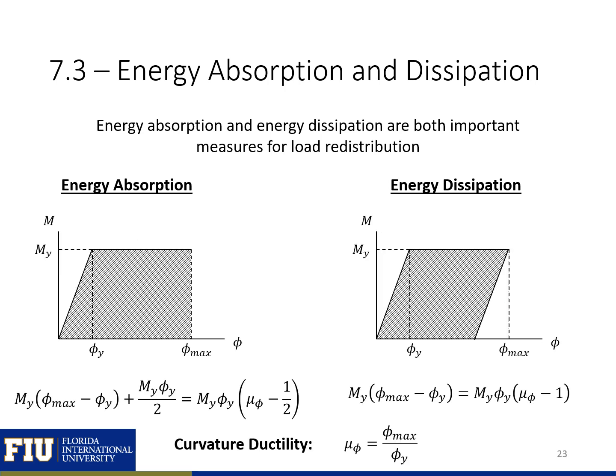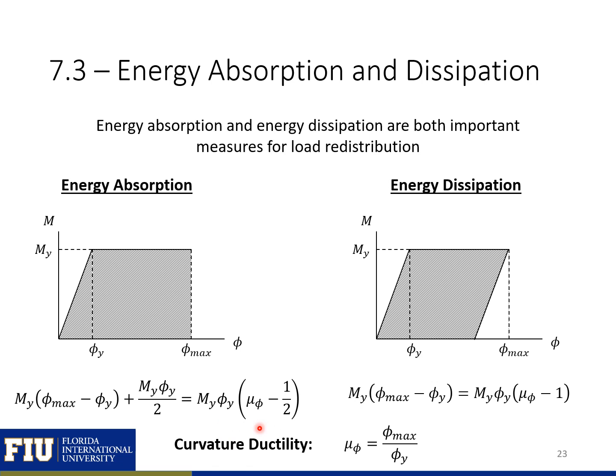If we assume elastic plastic behavior, we can simply calculate our energy absorption and energy dissipation as shown here. So our energy absorption is just the area of this triangle underneath our moment curvature diagram plus this rectangular section, which I find here. Then our energy dissipation is the same area as our energy absorption minus the area of this triangle here. So you can see we have our energy dissipated through our system, through our rectangular beam here, and our energy absorbed here.